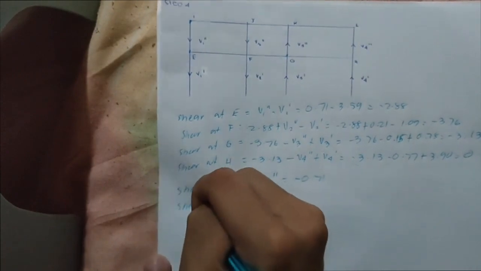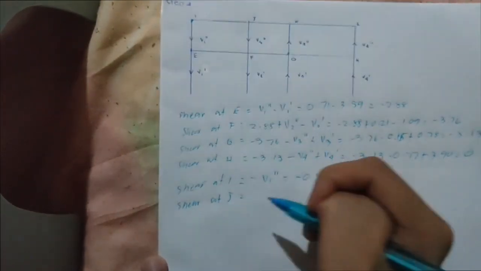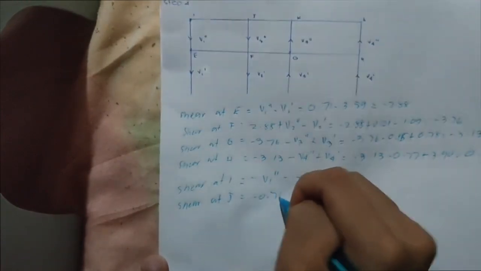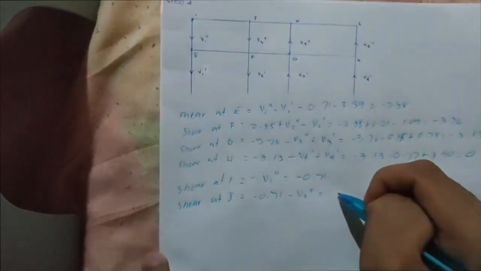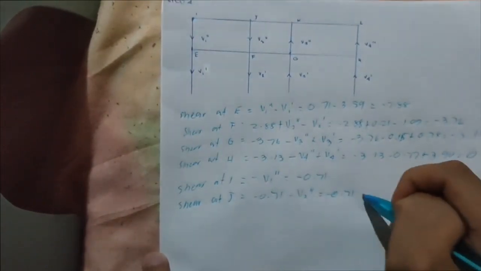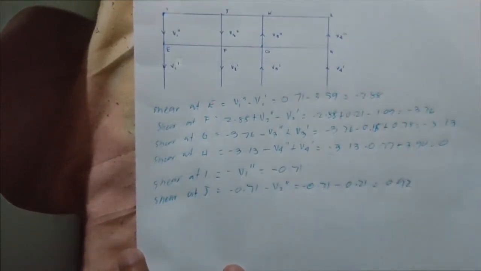Then shear at J is 0.71 minus V2 second floor, which is negative 0.71 minus 0.21, equal to 0.92.